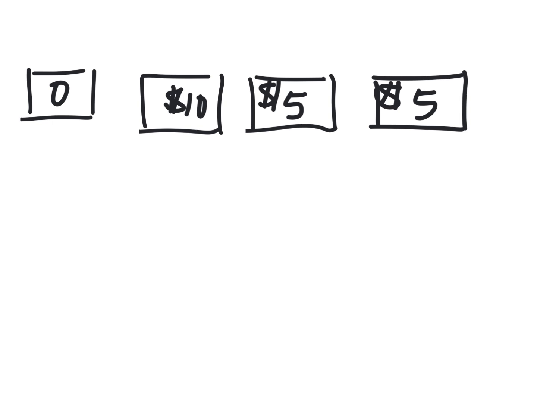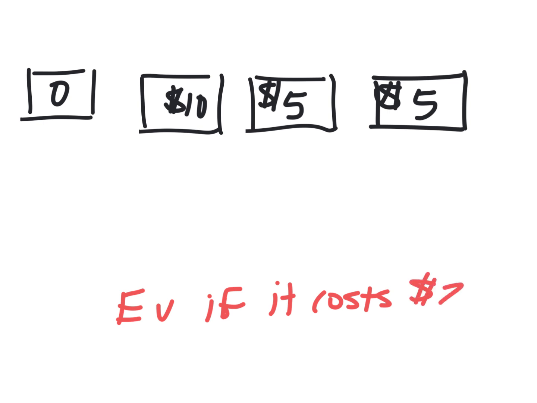But please figure out your expected value if it costs $2. Now, by the way, I think you should just factor that in at the very end. I would do everything the same as normal, and then just do something at the very end of the problem that factors in that it costs $2 to play.